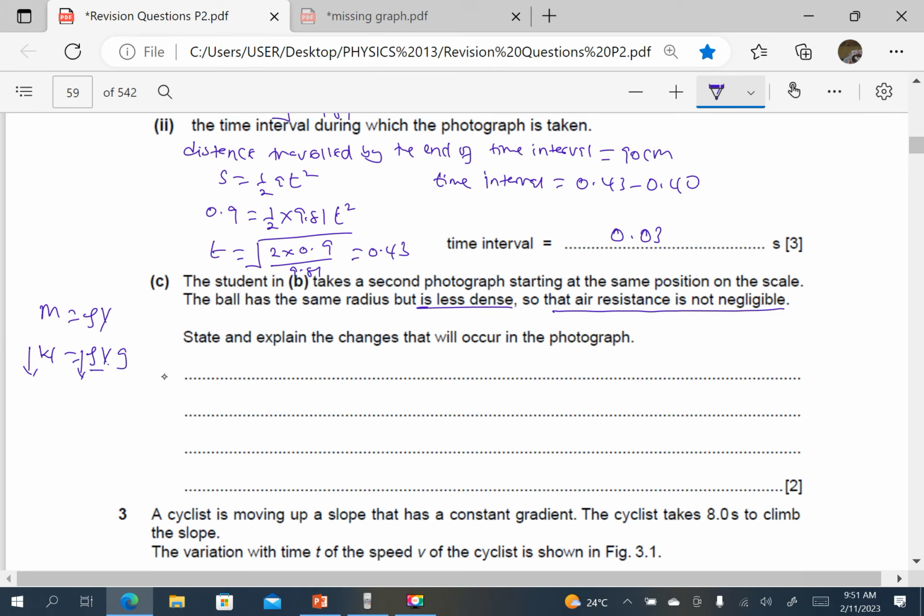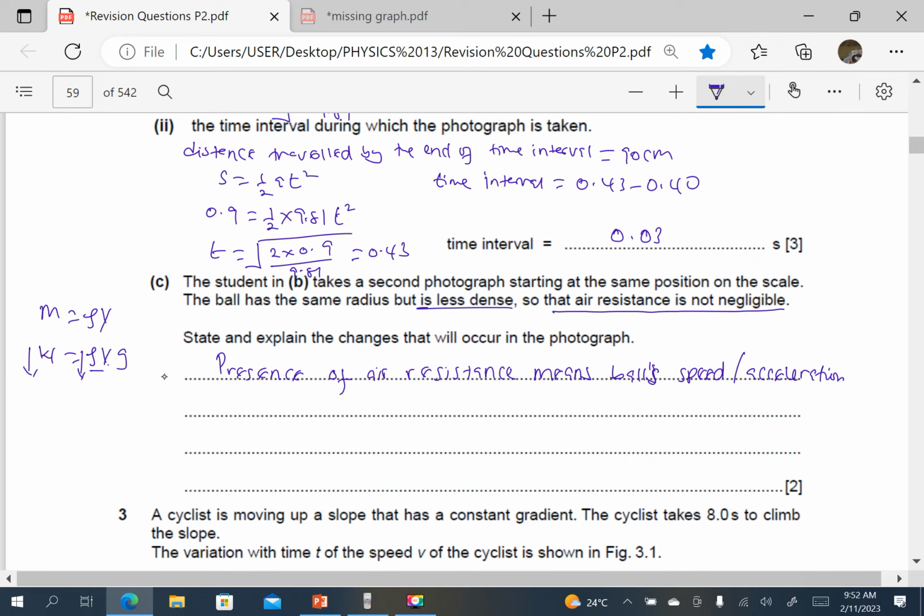So we are saying the presence of air resistance means the ball's speed, or let's say the acceleration, is less.